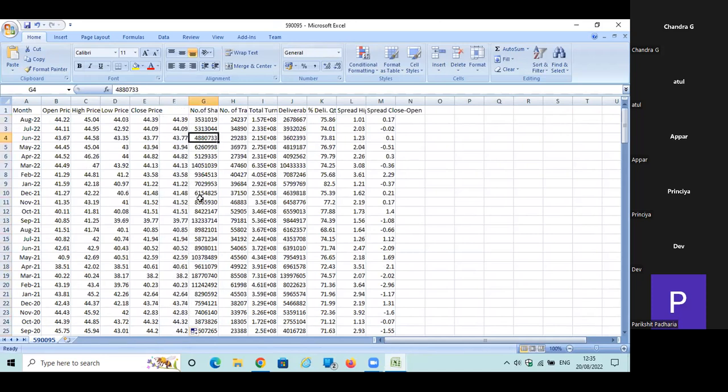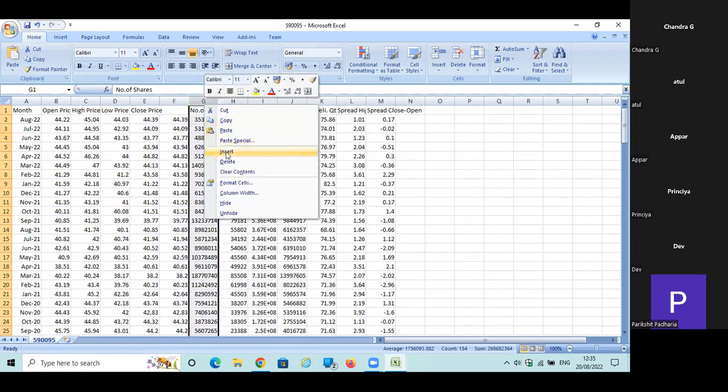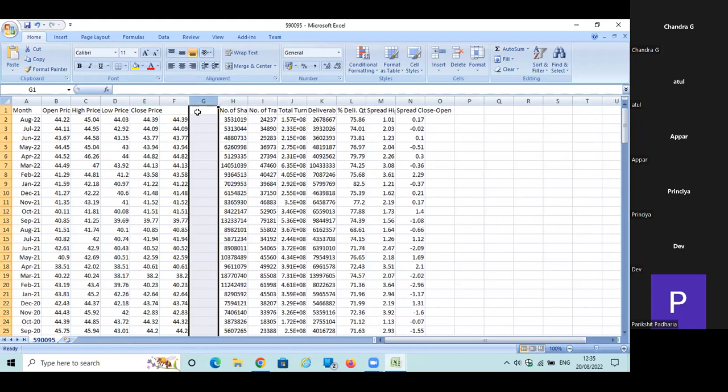Now in the G, insert one more after F. That is T%. Actually not T%, gold percent. Equals to F2 into 100 divided by F3, minus 100.